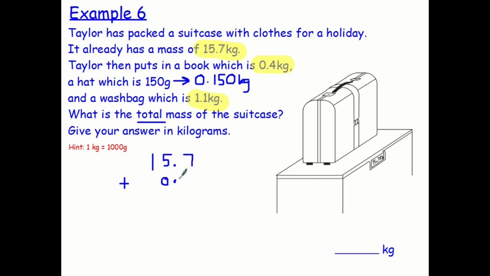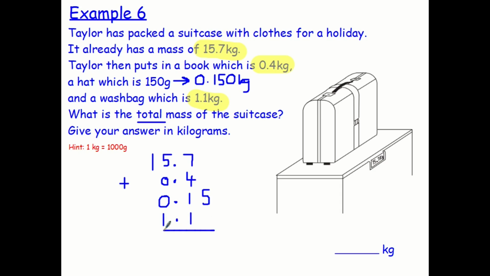So lining up my decimal points there, keeping them all in line. 0.15. Just going to keep it as 0.15 rather than 0.150. Doesn't matter if the 0 is on the end. I don't need to put it on the end there. And 1.1 kilograms for the wash bag.